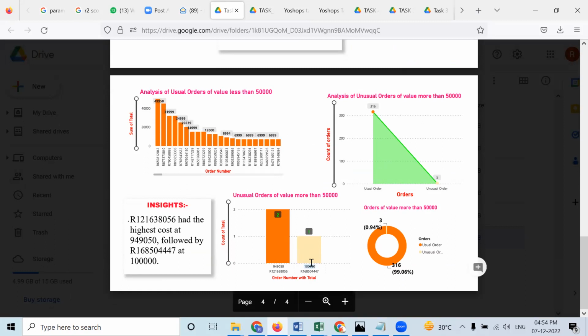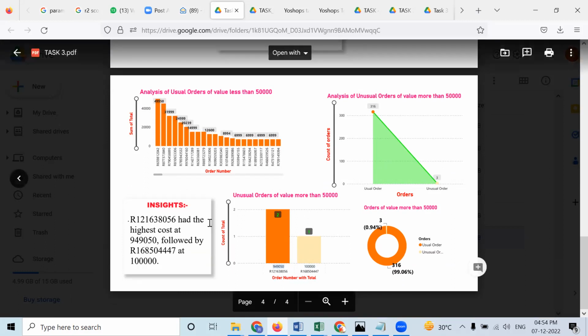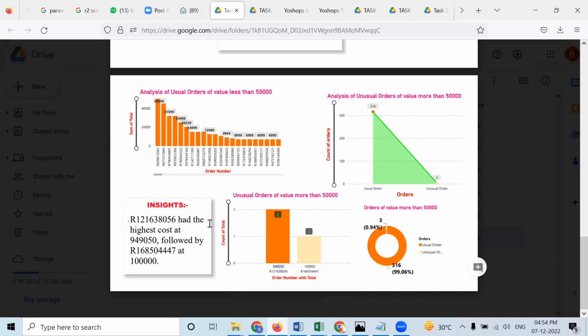And this value is actually their price. Count of total, order number with count of total. Not only two, more than two will be there, Prachi.